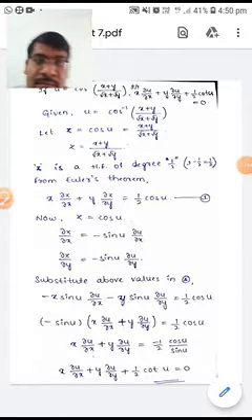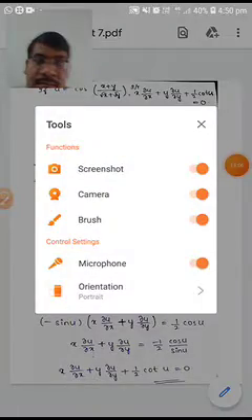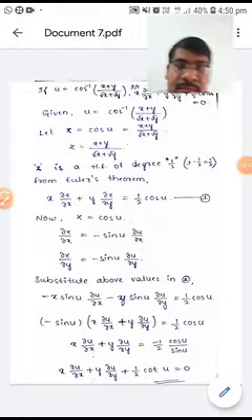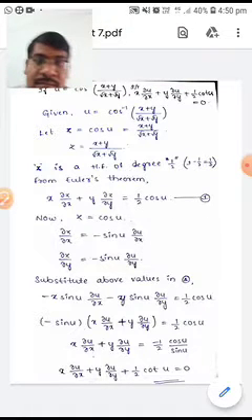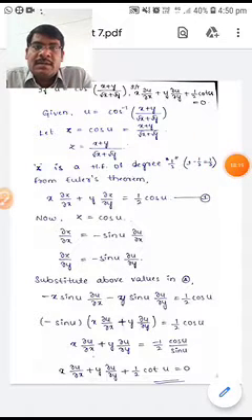If u is equal to cos inverse of (x plus y) by (root x plus root y), then we have to show that x ∂u/∂x + y ∂u/∂y is equal to minus 1 by 2 cot u.